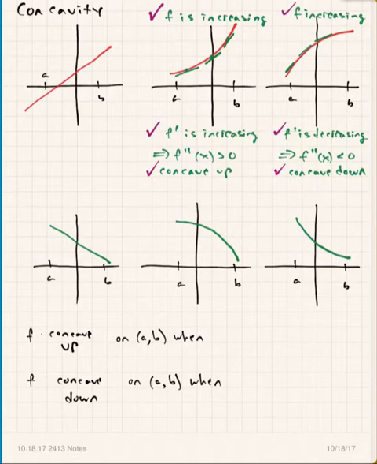Now, on the first picture, when you have a line, you have a graph that's neither concave up nor concave down. And what do we know about a line?